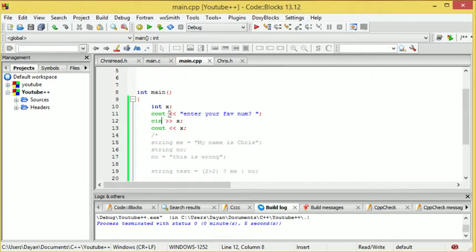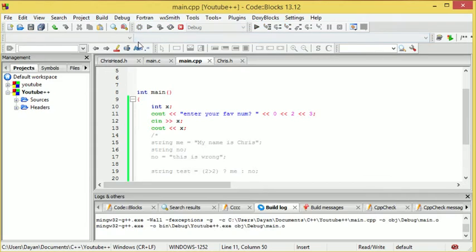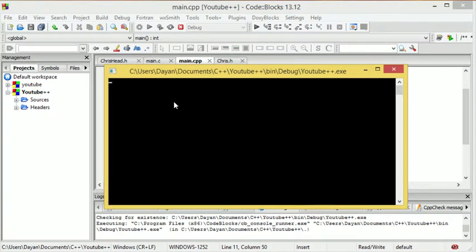The reason they're referred to as stream operators is that they work as a stream, because you could have another one here, let's just say 0, another one here, 2, another one 3, and I don't know if this will actually run, but there we go.